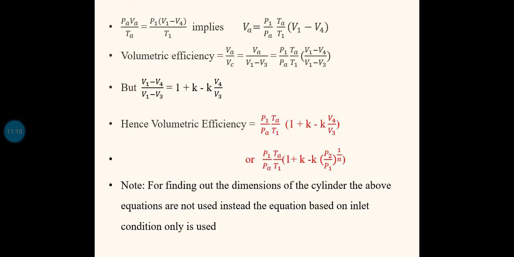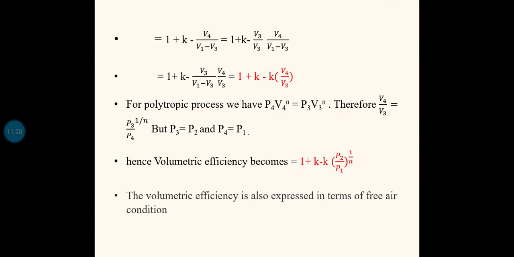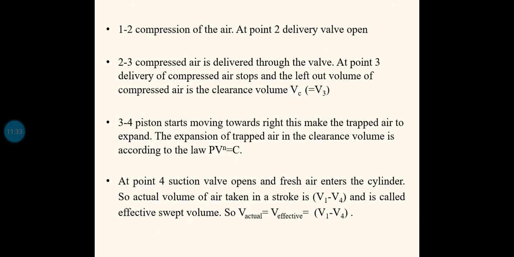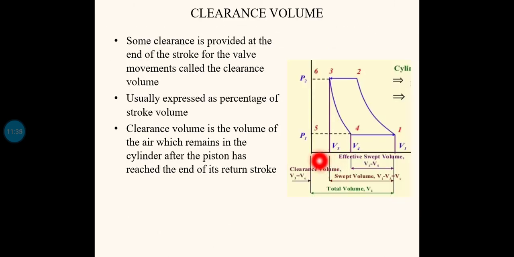So the equation becomes volumetric efficiency equal to VA by VC. Actually, V1 minus V3 is the swept volume. In this PV diagram, this is V1 and this is V3.